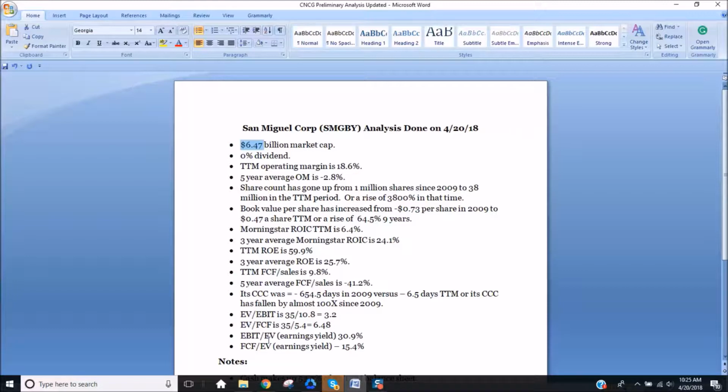I do not, I know some people do it differently, I do not convert Filipino pesos or any foreign currency into US dollars until we get to the valuation stage. I do this because I found it to be incredibly confusing, having to convert every single number, and also incredibly time consuming to convert all the numbers all the way throughout.